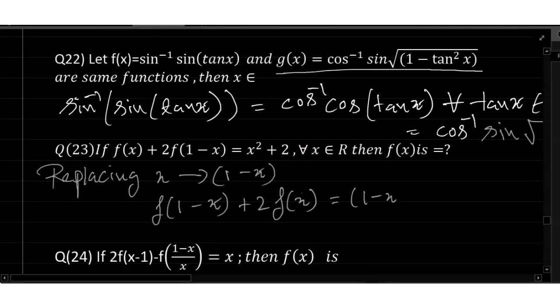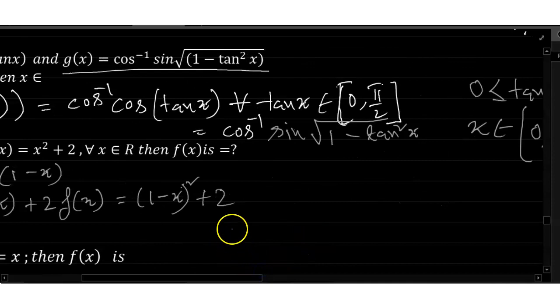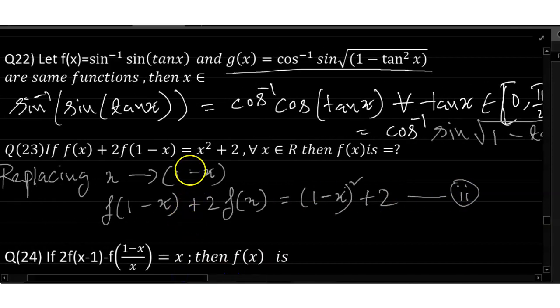Replacing x tends to 1 minus x, we get f(1 minus x) plus 2f(x) is equal to (1 minus x) squared plus 2. Now this is equation number 2 and this is equation number 1.